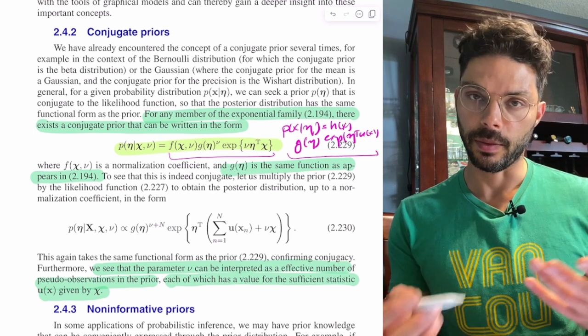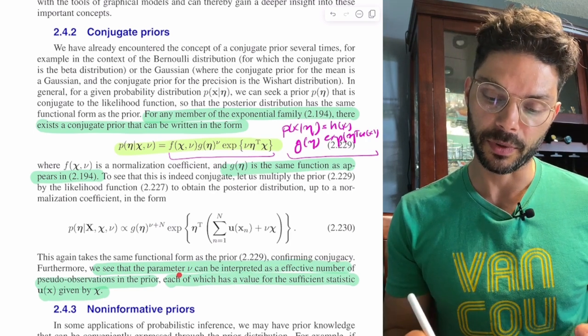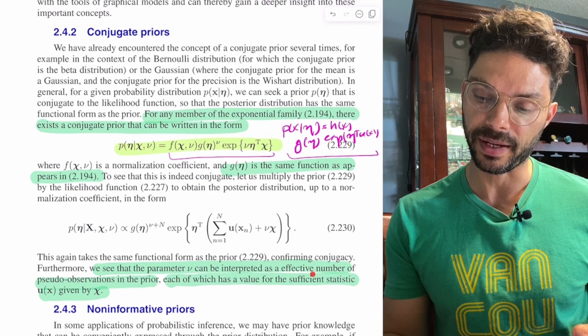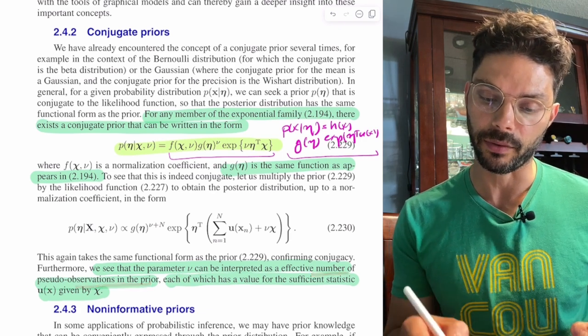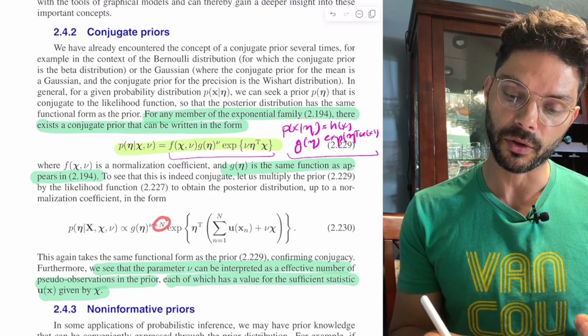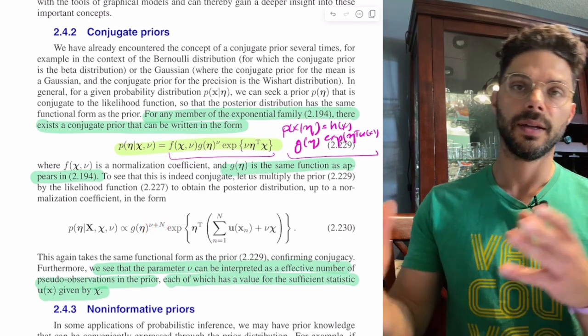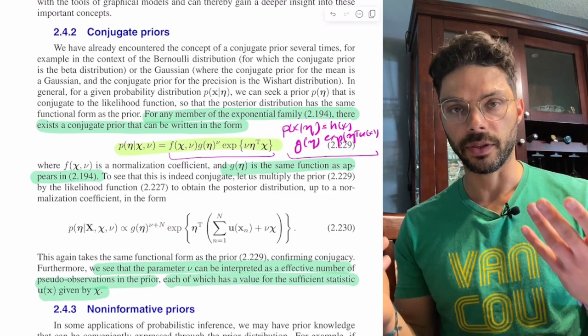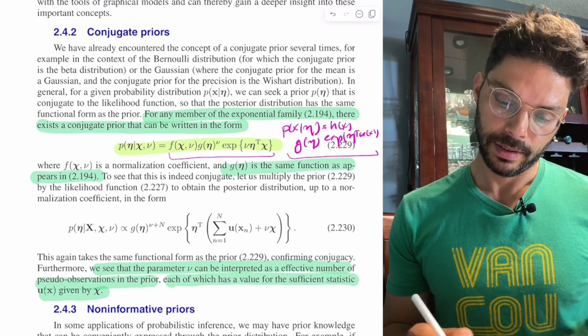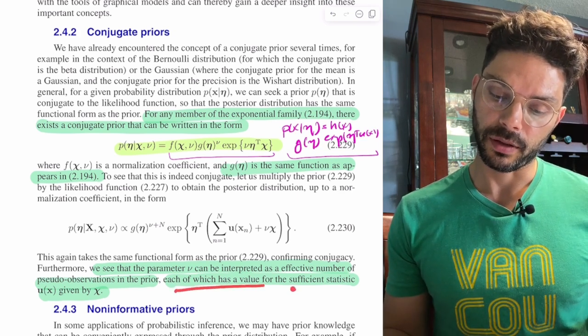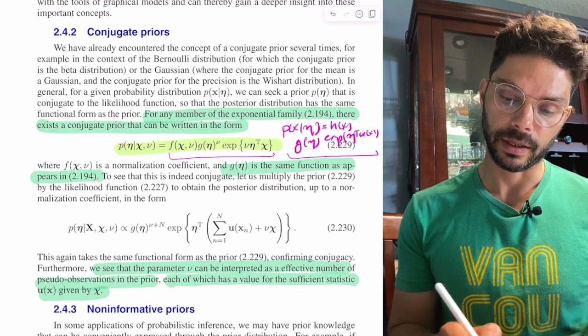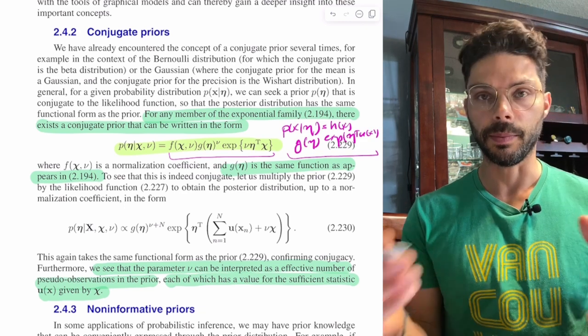We played this game already to some extent. We see that the parameter nu can be interpreted as an effective number of pseudo observations in the prior, because we had n observations, and now we're adding nu to it. It's almost like the number of pseudo observations that we had, each of which has a value for the sufficient statistic u of x given by chi.